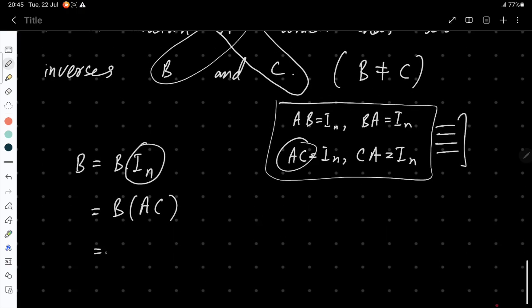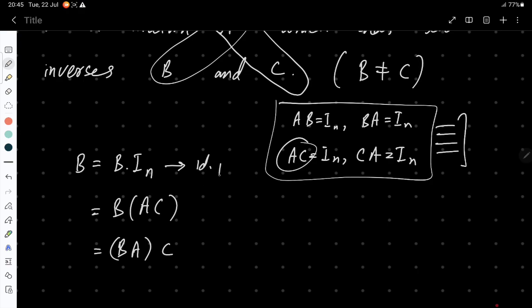Then I will use the associative property of matrices, B times A times C. This is called the identity property.